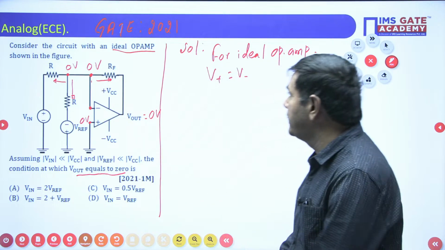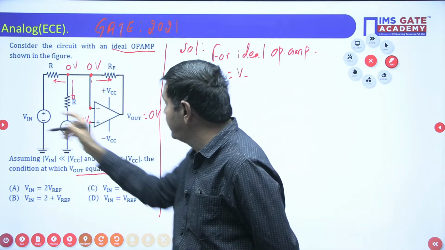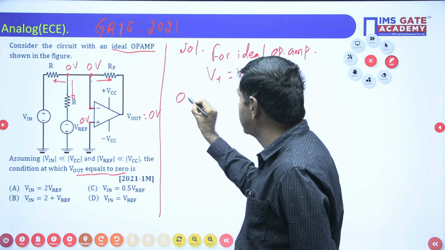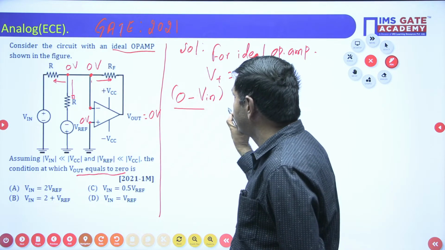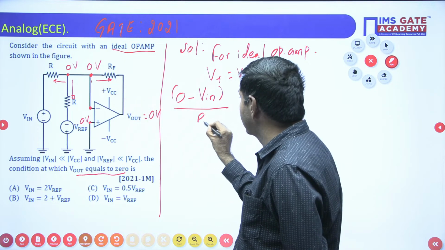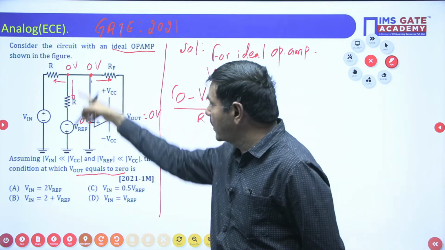And I can form the equation like this. This current: 0 minus V in, divided by resistor R, plus, as per nodal, what current is passing on this side?